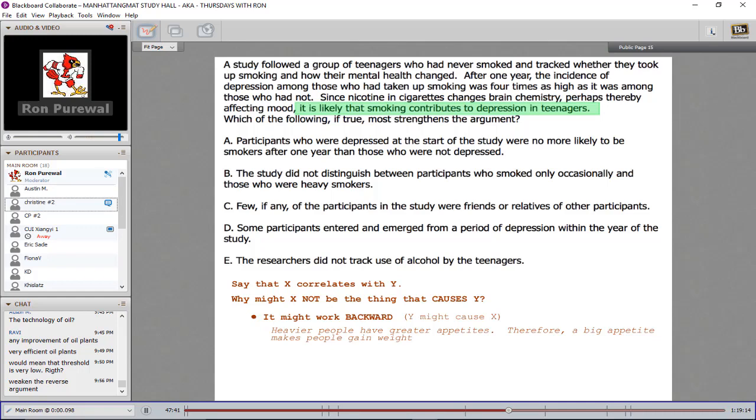If being heavier actually makes you have a bigger appetite, if it causes changes in your body that would make that happen, then if gaining weight makes your appetite increase, this argument doesn't work.